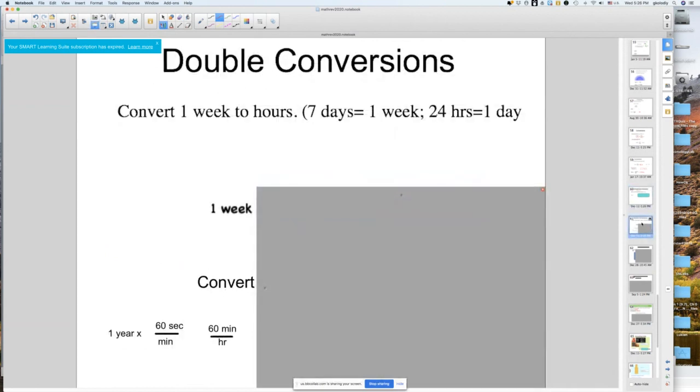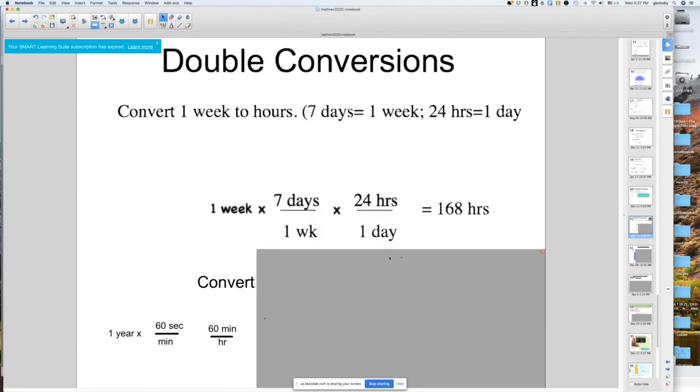But let's say we want to convert something where we don't know the conversion factor, but we can get to it. We want to convert 1 week to hours. Now, I don't know what the conversion factor is between weeks and hours, but I know that 7 days is 1 week, and 24 hours is a day. So I'm going to start with 1 week, and I'm going to use these two conversions so that things we don't want will cancel.